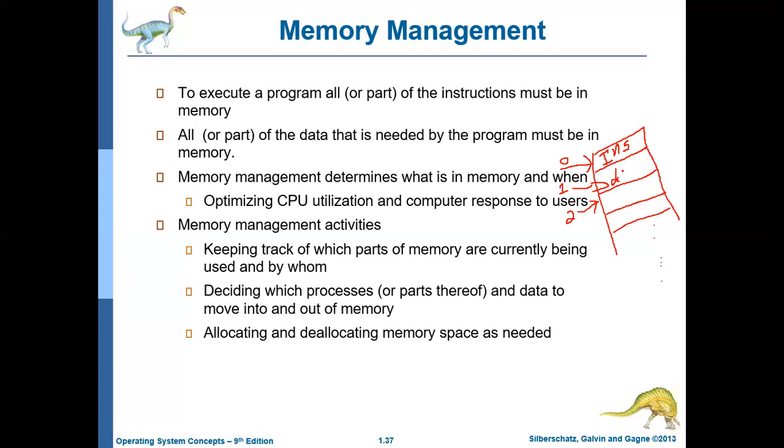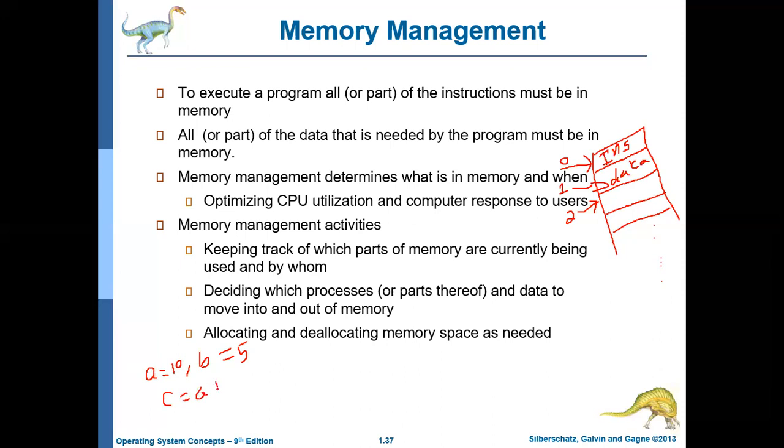So what is an instruction and what is data? How do we differentiate between the two? For example, say I have code like this: a equal to 10, b equal to 5, and then c equal to a plus b.